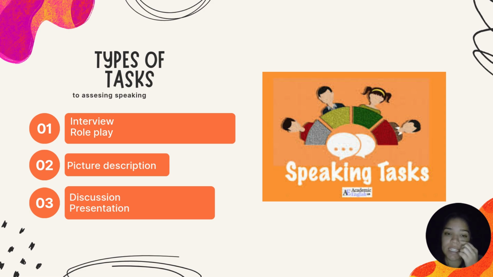Then a discussion or debate, for example, about the pros and cons of social media. And for the last one, short presentations, where the student gives a one or two minute talk about a familiar topic. It's important that the activity matches the student's proficiency level and feels meaningful, so the student can share their ability naturally.